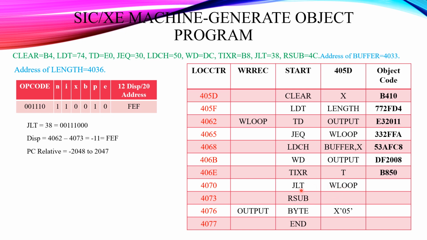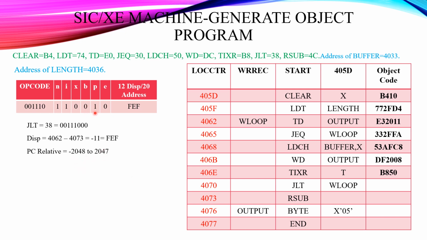For the W loop, the value is 4062, the location counter minus the next instruction 4073. It will be minus 11. We have to convert it to hexadecimal, where it will be FEF. It ranges from minus 2048 to 2047.